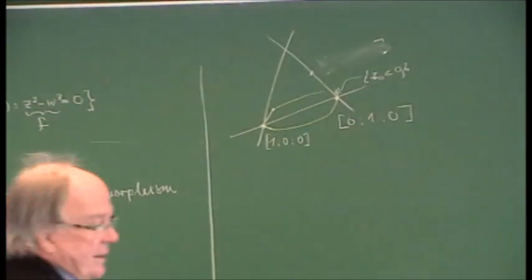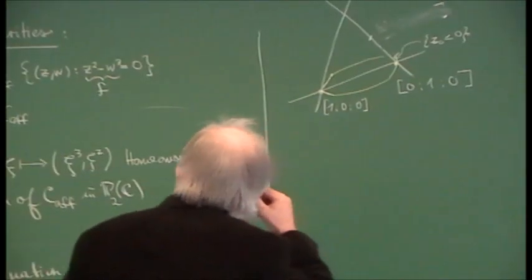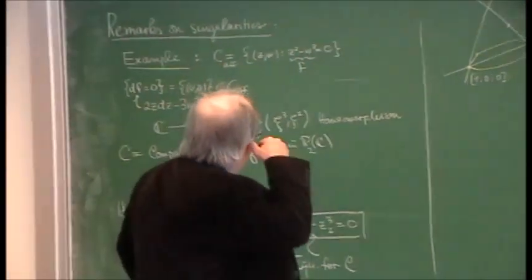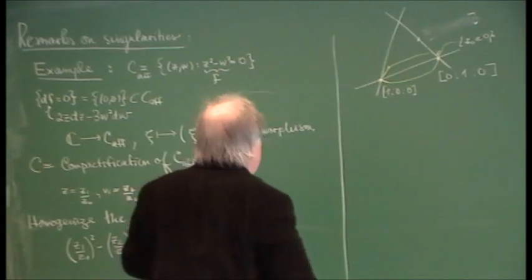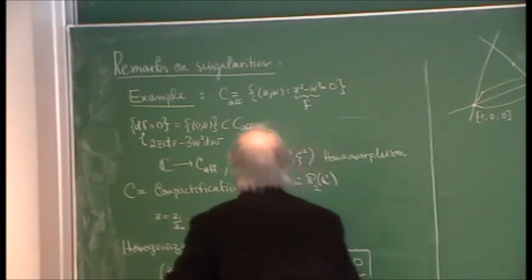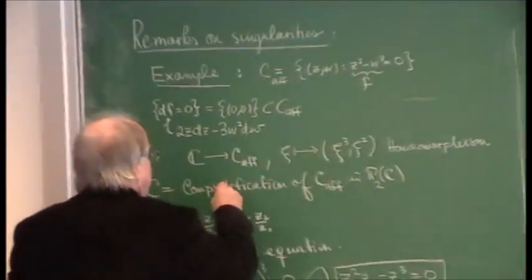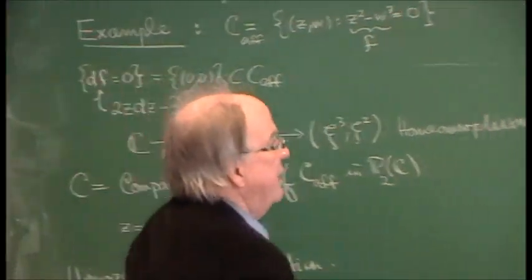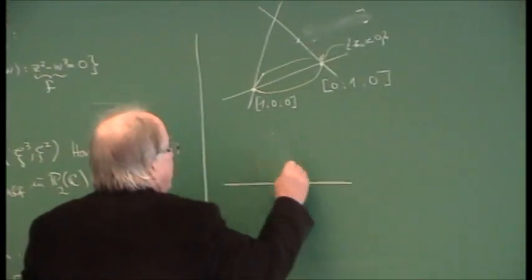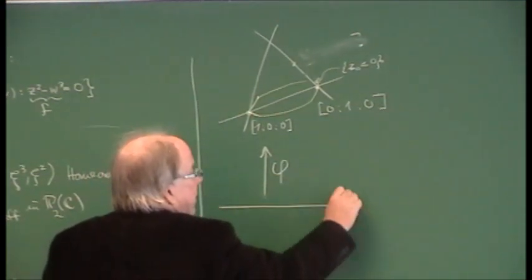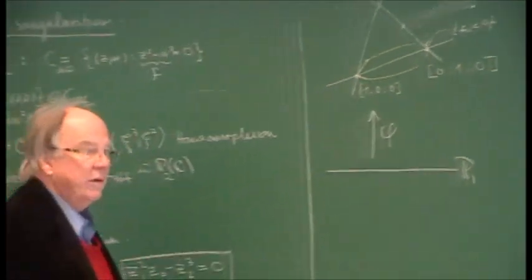What I wanted to comment about that curve, just to emphasize something I may not have explained correctly or appropriately yesterday, is that in fact this obvious mapping here, let's call it the mapping phi. So phi extends, of course, as a mapping from P1 to this curve.